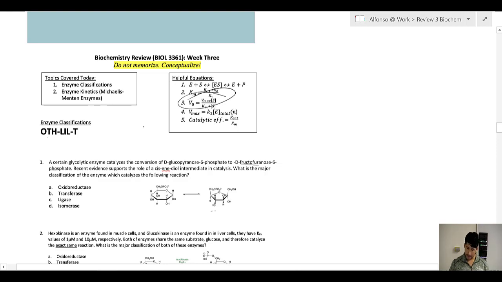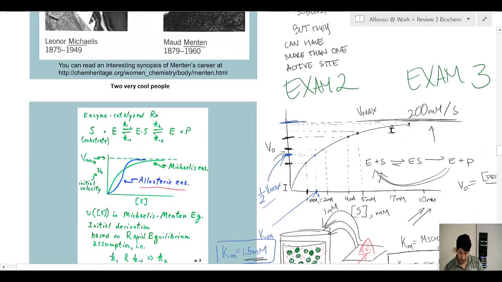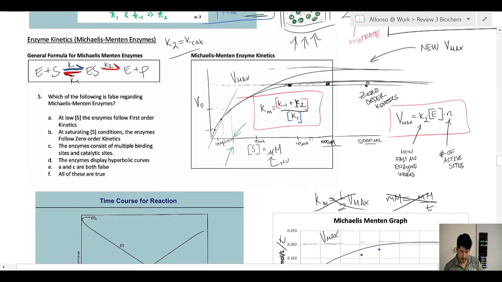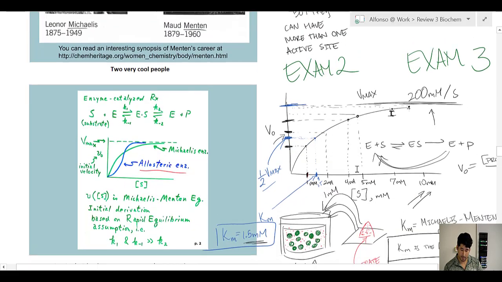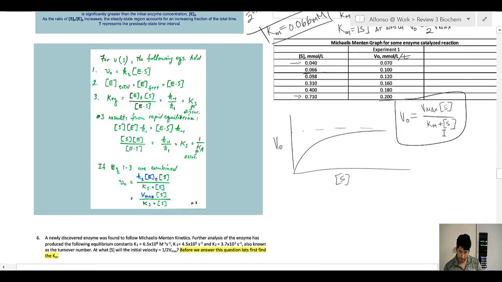That is the equation which you can actually use to get every single one of these Michaelis-Menten graphs. And the reason for that is because Vmax is a constant, right? Because Vmax is equal to K2 times the amount of enzyme times the number of active sites.